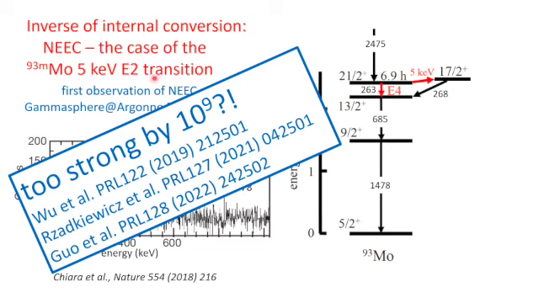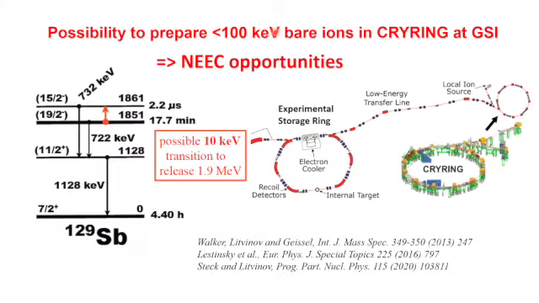But it's hard to see how you can overcome, gain a factor of 10 to the 9, but that's awaiting further data from Chiara and company. I think they're trying. And there are other examples of this NEEC process that could be tried.